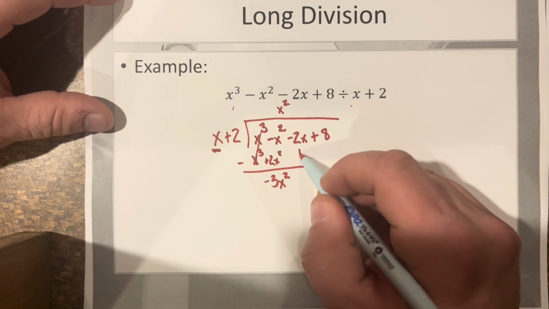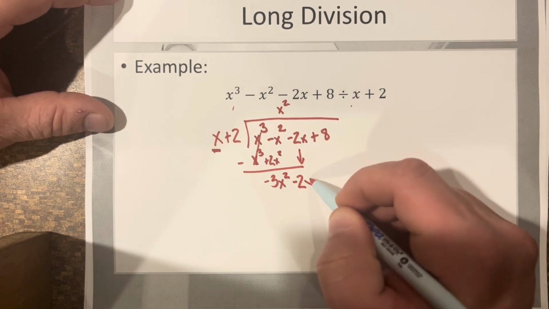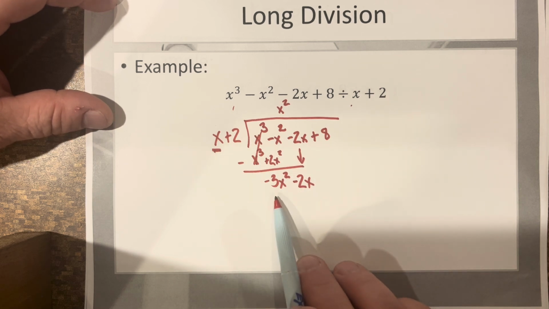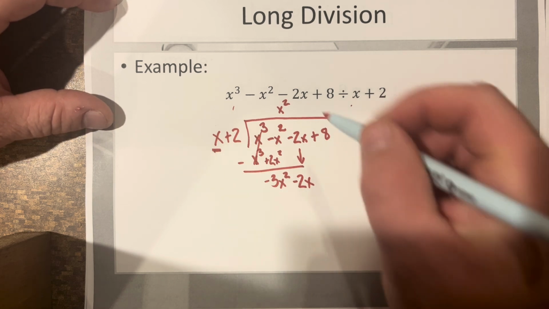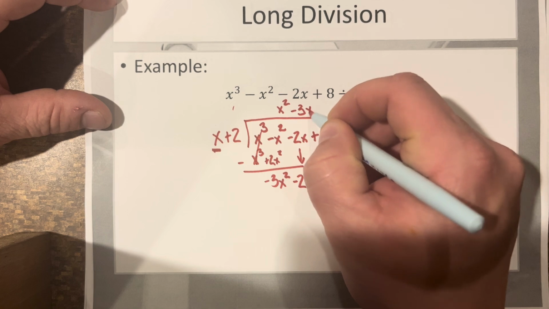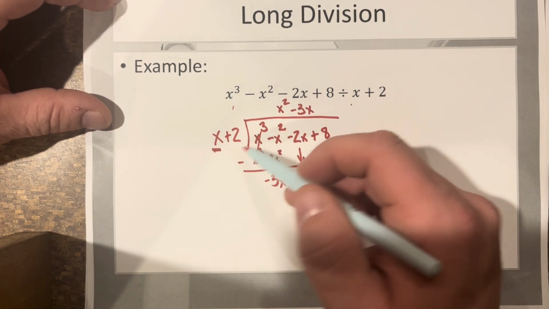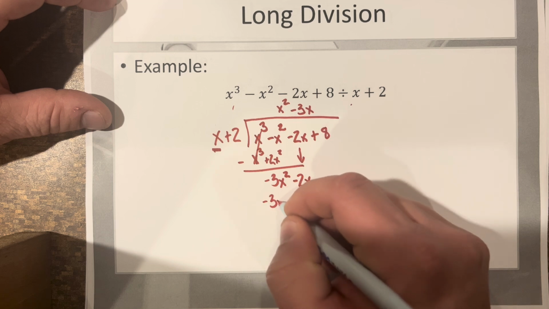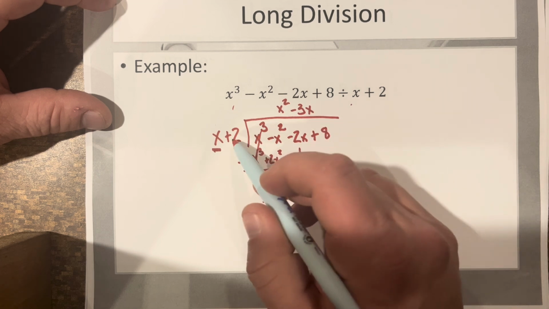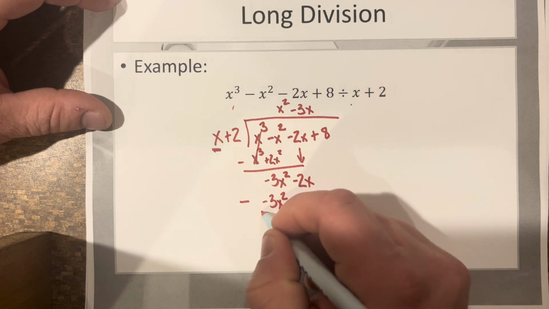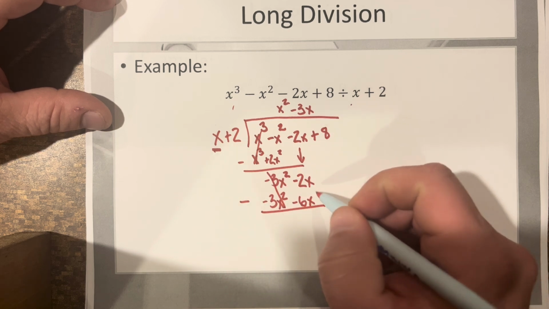Just like regular division, let's bring our next term down. Now our process repeats. x times what gives us minus 3x squared? That'd be minus 3x. Whatever we put up top, we multiply by everything in front. So this would be minus 3x squared, and minus 3x times 2 would be minus 6x. We subtract, so these would cancel.